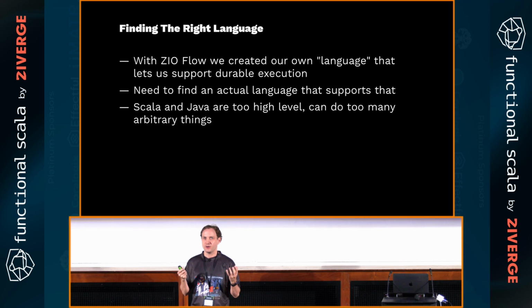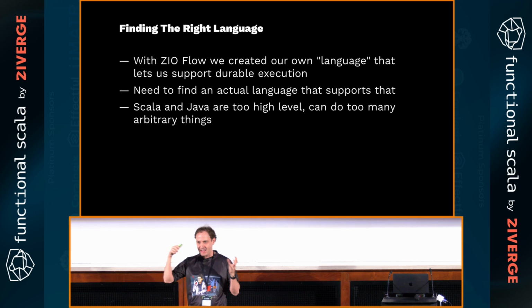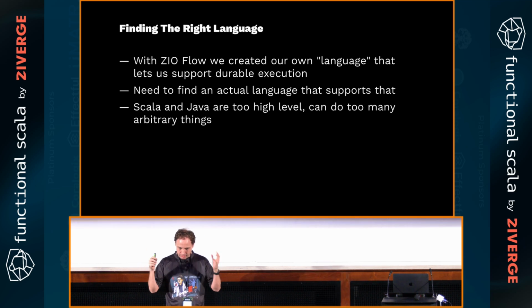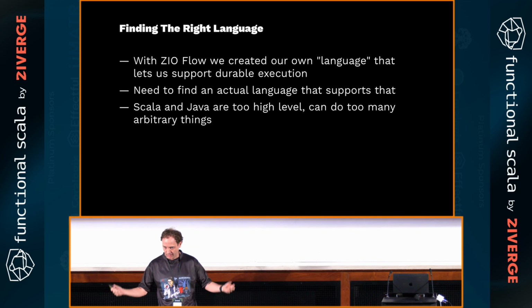It's like the Goldilocks thing of, it's not too hot or too cold. In this case, it's not too high level, not too low level. Because you've got some of these languages, like Scala or Java themselves, that you could say they're too high level, or maybe you could say they're too flexible. Like, I can just do anything in the world I want to in Scala or Java.